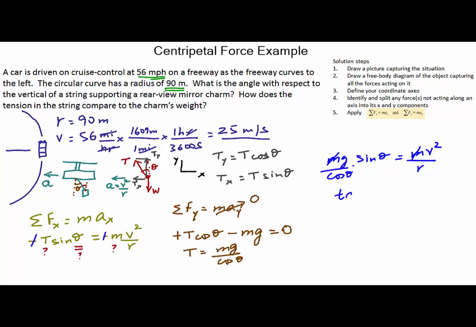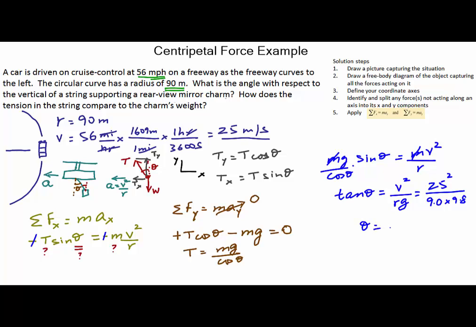Sine theta over cosine theta is simply tangent theta, and I've got a g over here on the left hand side, which when it moves over to the right hand side, that side would become v squared over rg, which is 25 squared, speed in meters per second, divided by 9 meters of radius times 9.8 meters per second squared of acceleration due to gravity. You can verify for yourself that all the units will cancel each other.